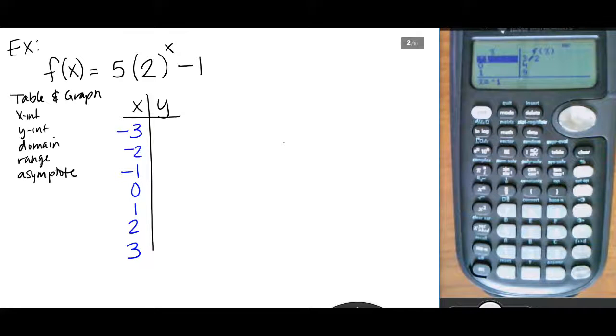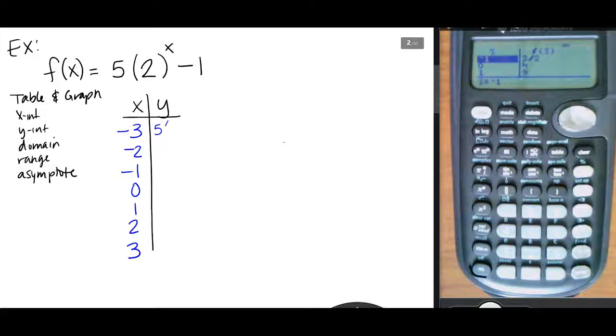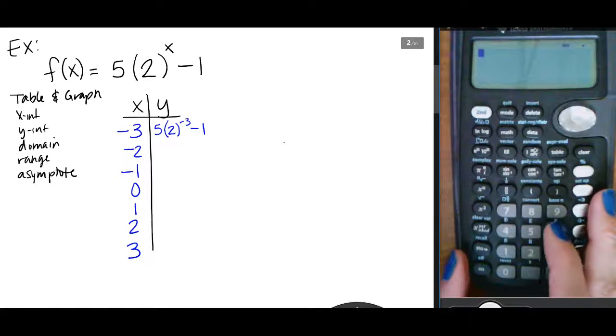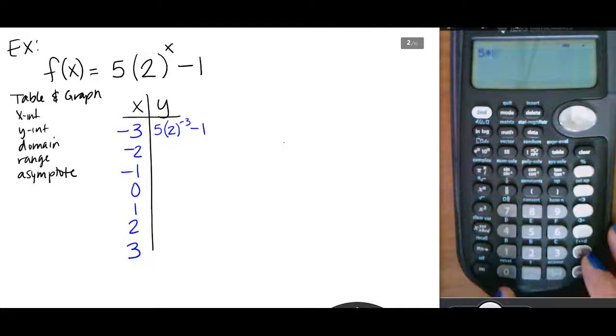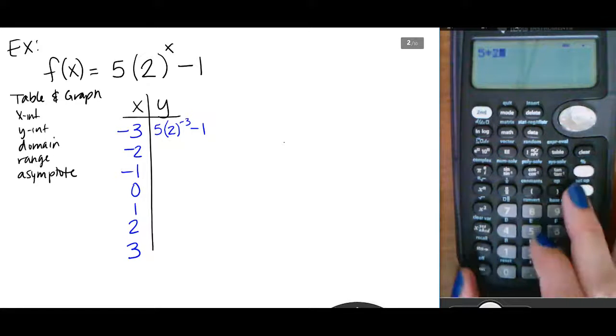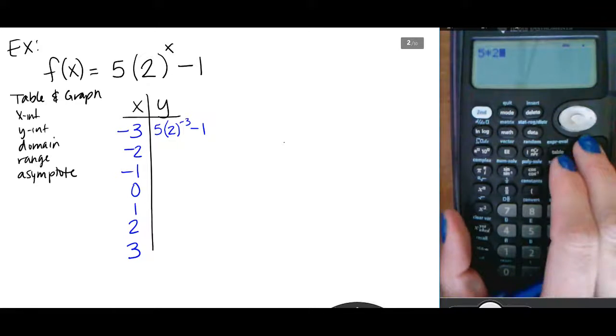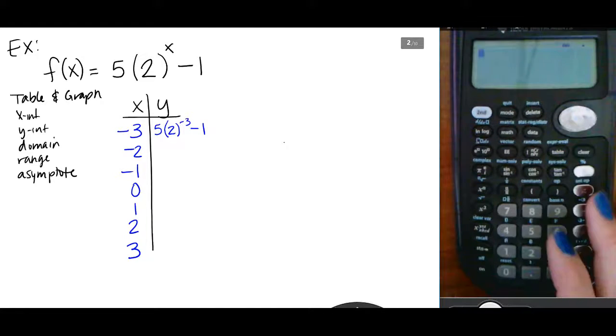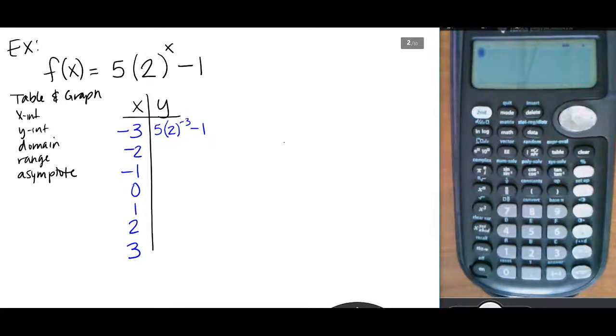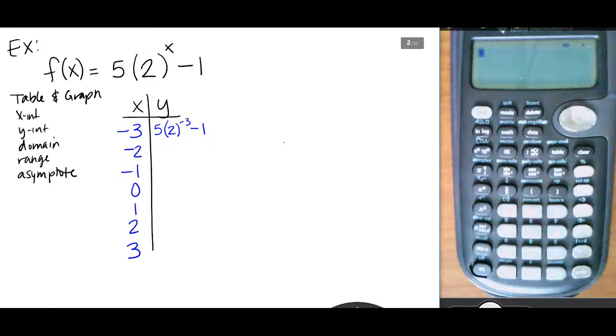So if I wanted to do this by hand, I would need to type in 5 times 2 to the -3 minus 1. So I would not do that by hand in terms of the math. I would type that into a calculator. 5 times 2 to the, and this is where, let me just turn off my math type for a second. Or maybe I should grab a crappy calculator just so I can show what it would look like if I were in Isaac's position.